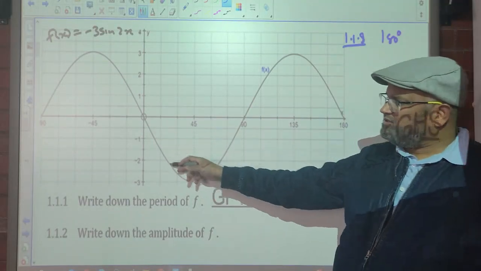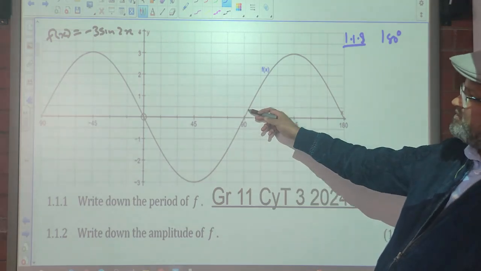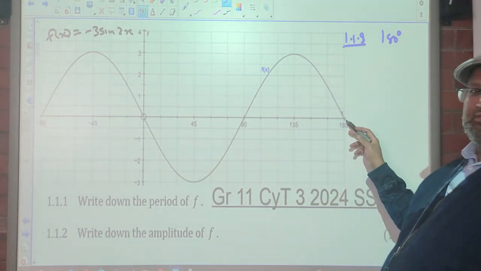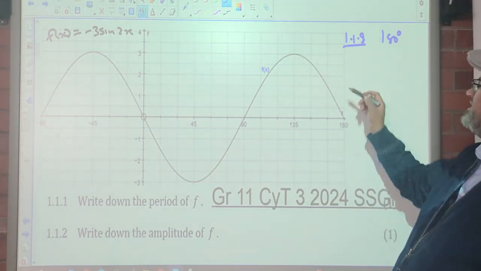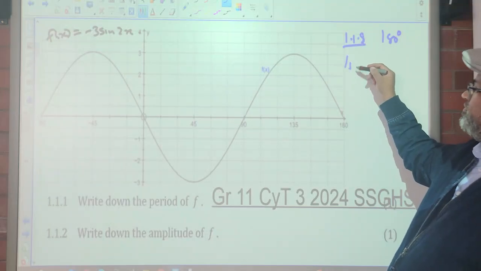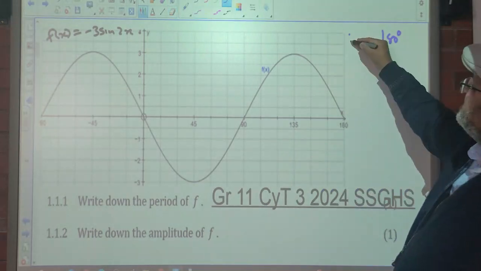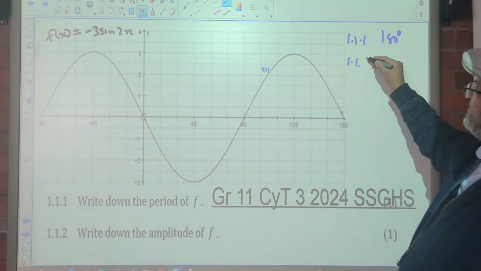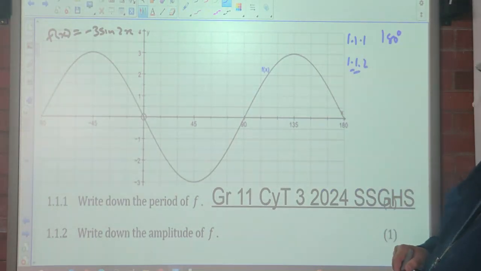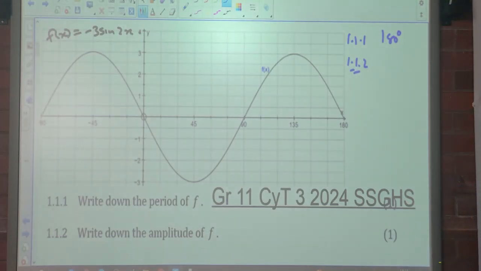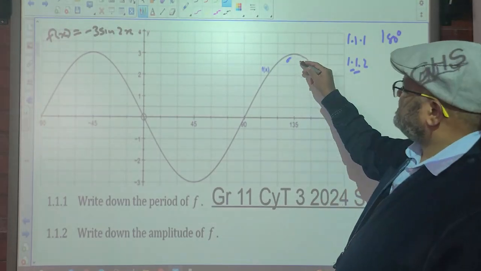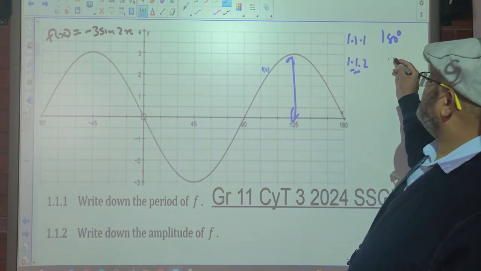You can see from start, minimum, neutral, maximum, end. So it's 180 degrees. 1.1.2. Write down the amplitude of f. As you can see, from neutral to the maximum, the amplitude is 3.